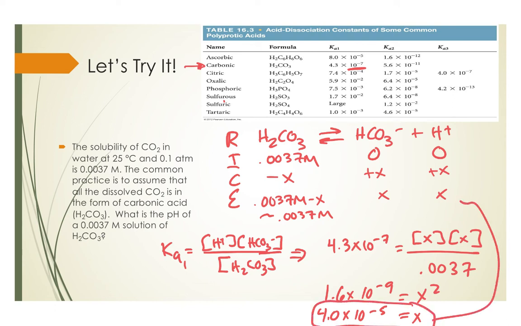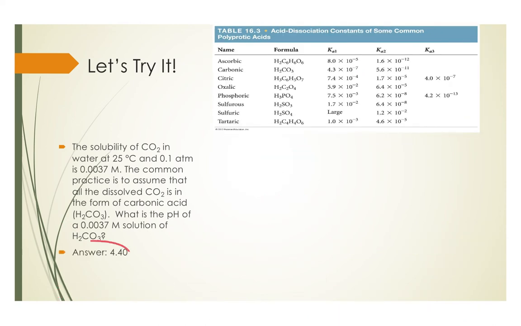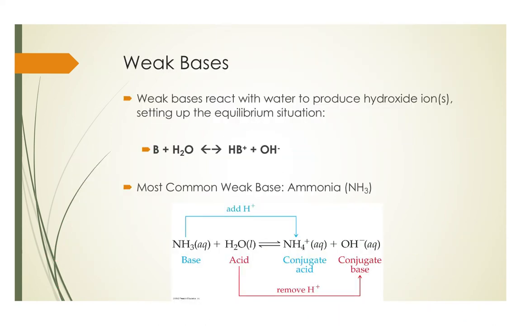Okay, so that's my H plus then. So that's going to help me out. pH equals negative log concentration of H plus, which equals negative log 4.0 times 10 to the negative 5th, which is 4.40, which indeed it is.